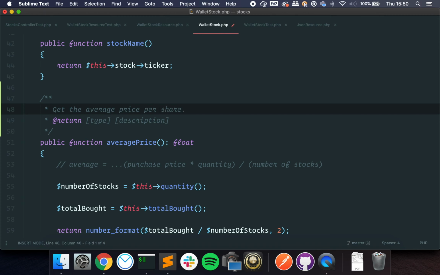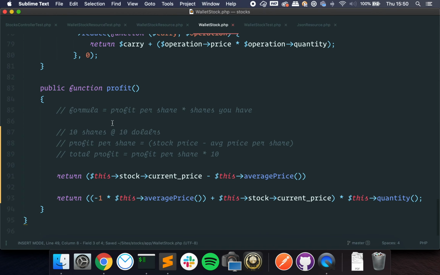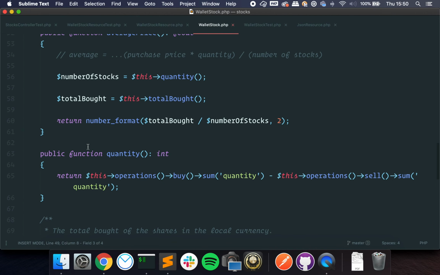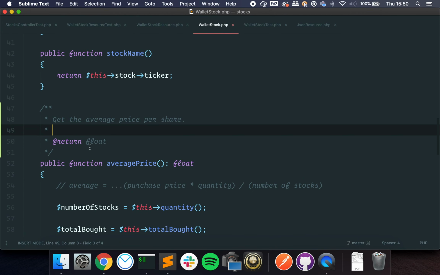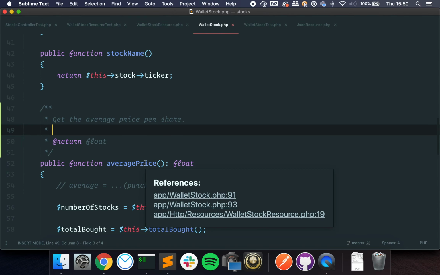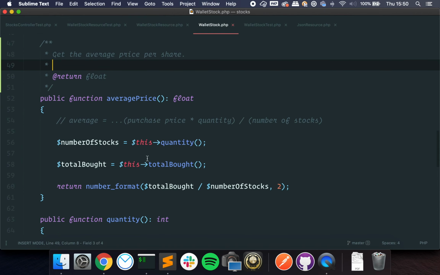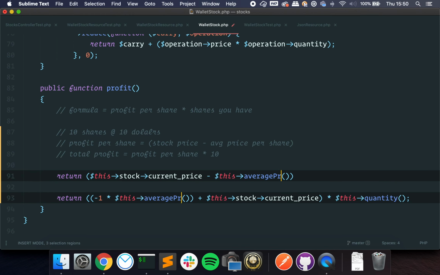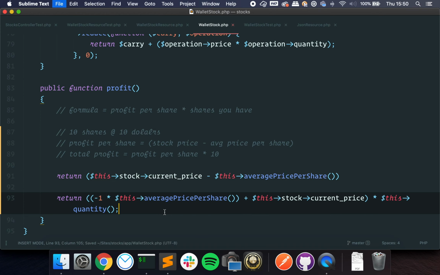Oh, per share. I'm sure it's a unit already. Returns a float. We need to know what each one of those functions do. Sometimes they are self-documenting, but I don't think I chose the best verbiage here. So actually, let's change this. Let's call it average price per share.